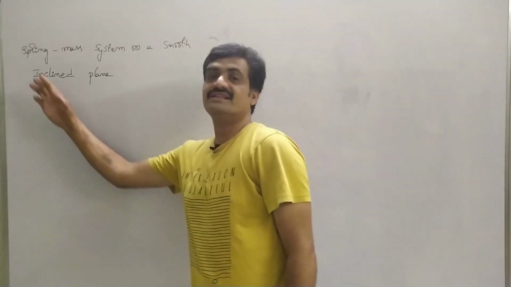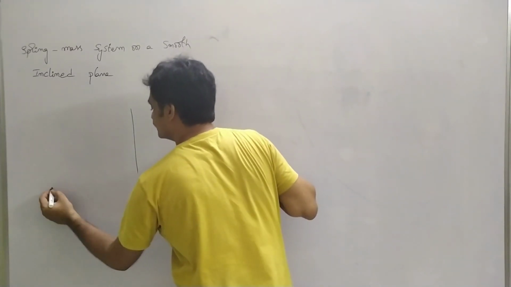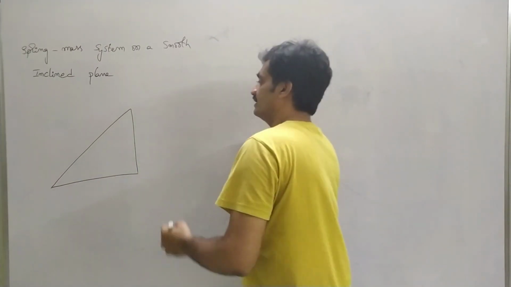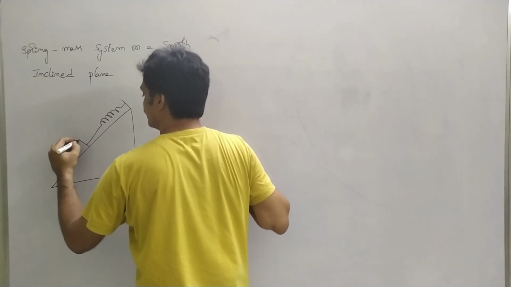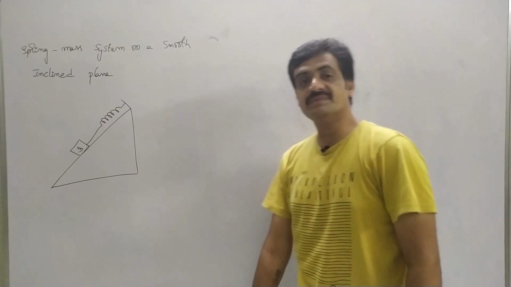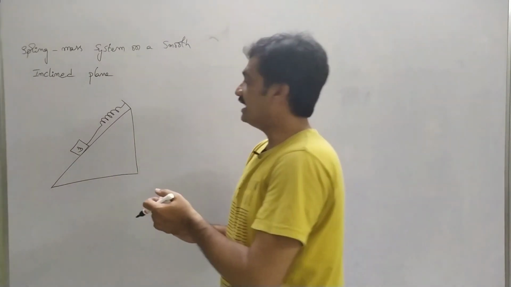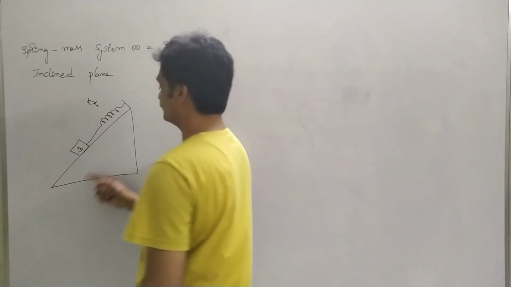Now we are going to represent the spring mass system on a smooth inclined plane. Consider a smooth inclined plane, and we attach a mass m. As the mass is attached here, the spring is elongated, and the elongation in the spring gives the force kx naught.